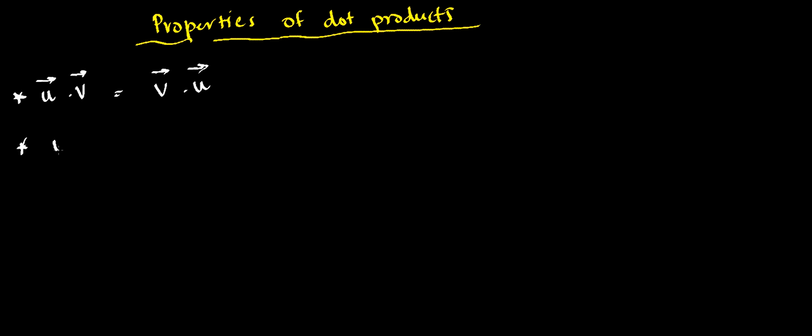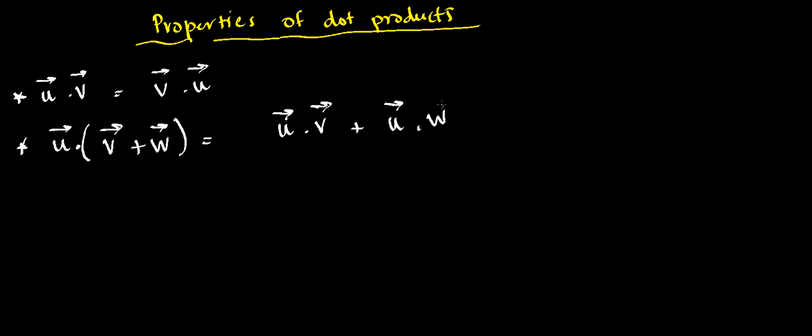The distribution rule works, so if we have u dotted with the vector v plus vector w, we can rewrite this as u dot v plus u dot w. If you have 0 dotted with u, you're gonna get 0.